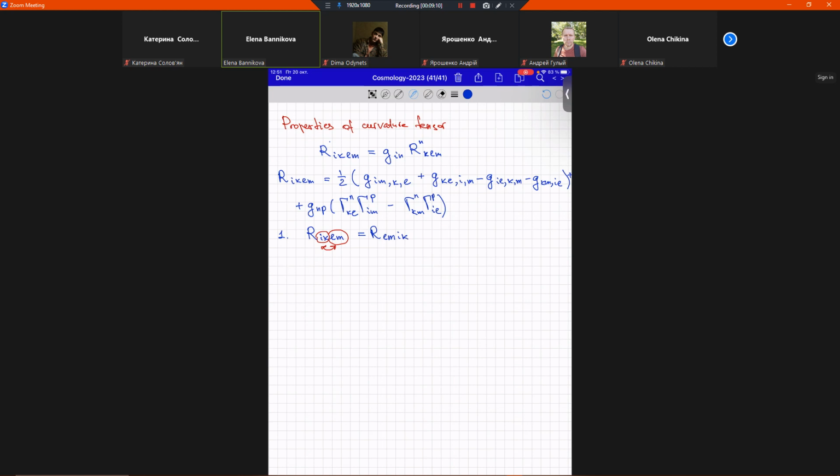Here it's very important to be careful with the indexes of the tensor. You can see that there is a rule for how the tensor changes when we change the places of the indexes.